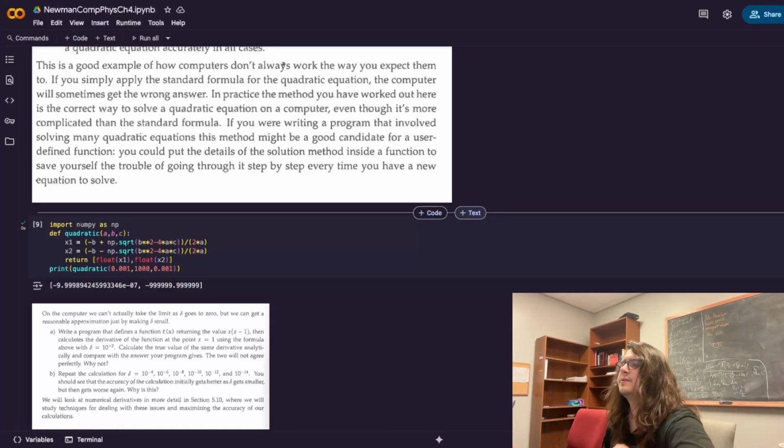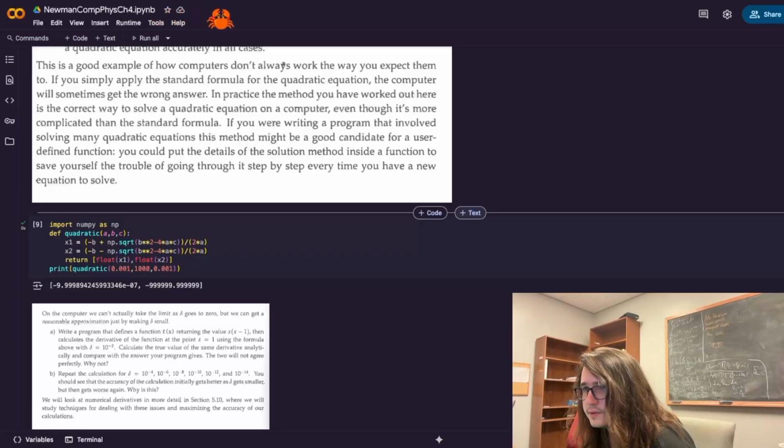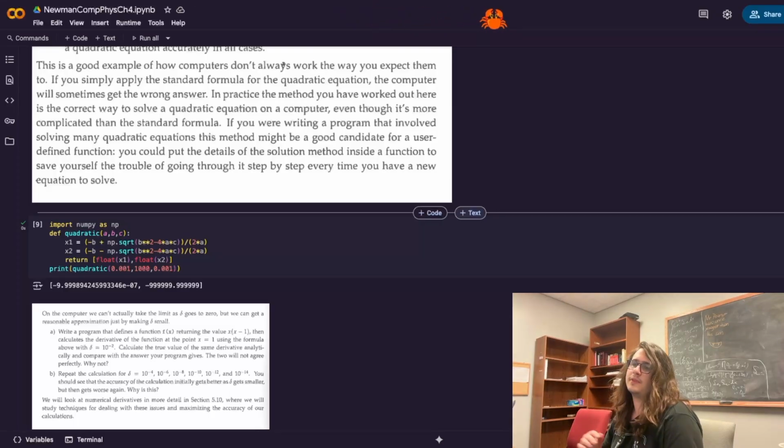All right, so it prints out what is essentially 10 to the minus 6, right? And also like 10 to the 6. I guess that's 10 to the 7 on the other side. Okay, cool stuff.